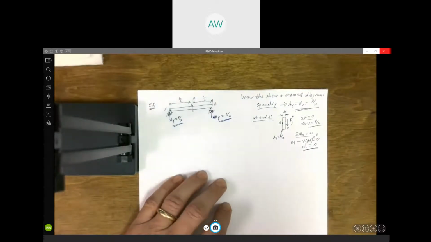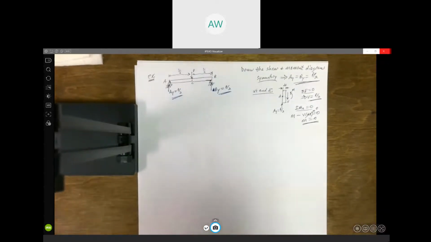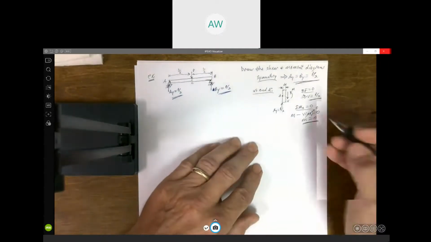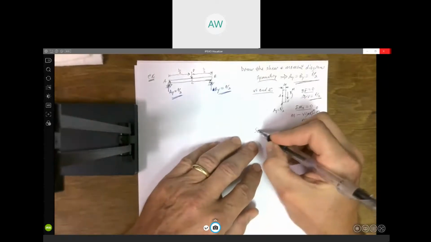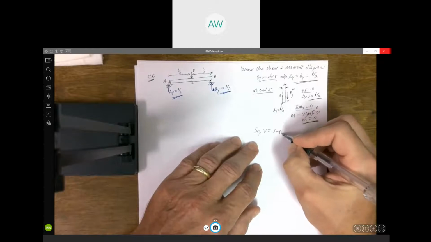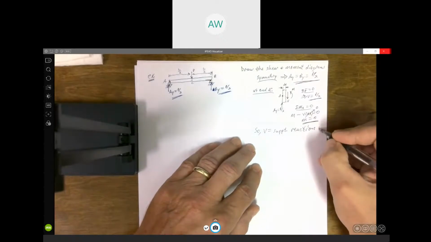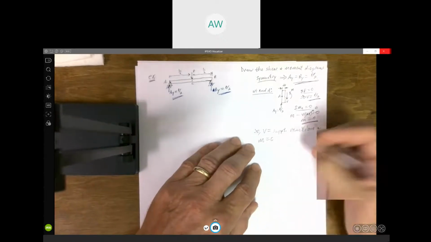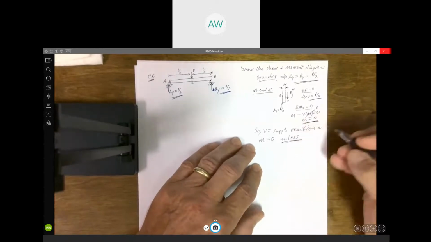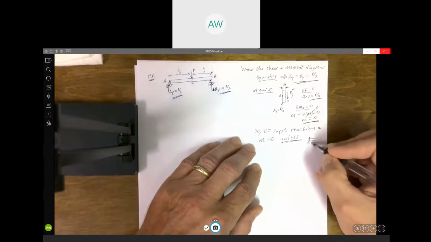The only way it would not be 0 is if you actually had a moment applied at the end of the beam, and there are two ways you can do that. Summarizing, V is always going to be equal to whatever the support reaction is, and the moment's going to be 0 unless you've got a cantilever beam with a fixed support there.